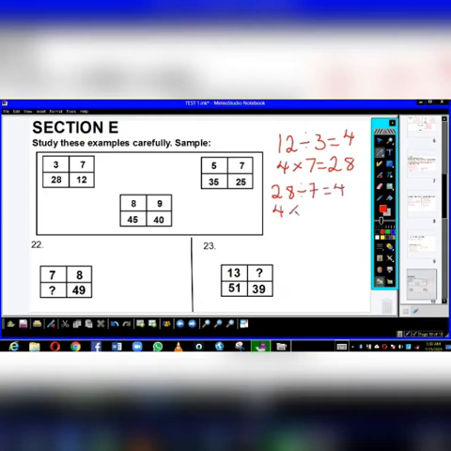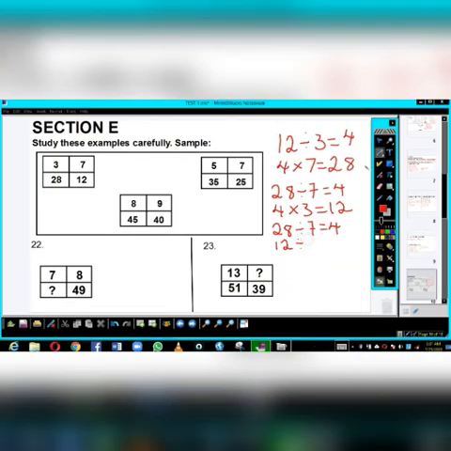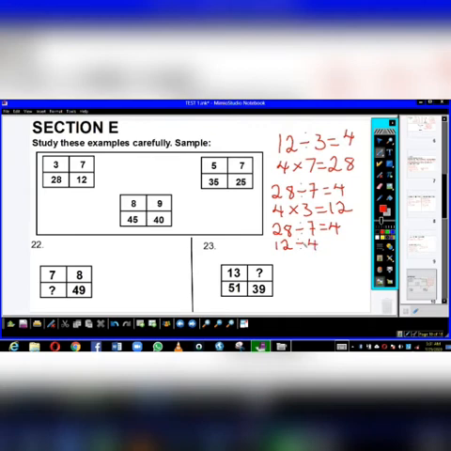Use this 4 to multiply 3, and that will give you 12. At the same time, we can say 28 divided by 7, that will give me 4. We can equally use it to divide 12, that will give you 3.